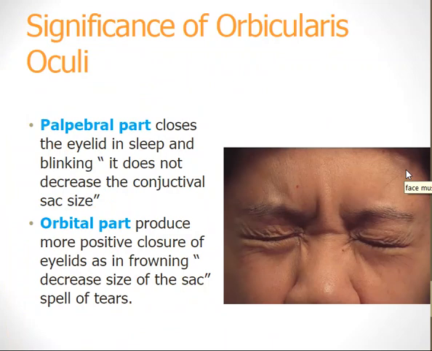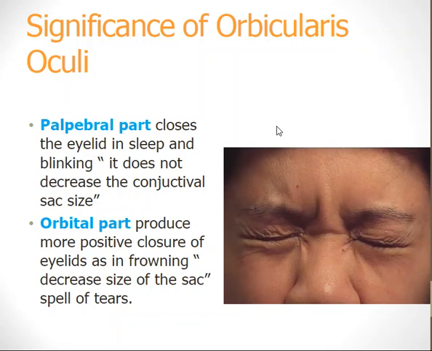Functionally, the palpebral part of the orbicularis oculi, which lies within the eyelid, causes closure of the eyelid in a light manner, like closure of the eye during sleep, and even blinking.